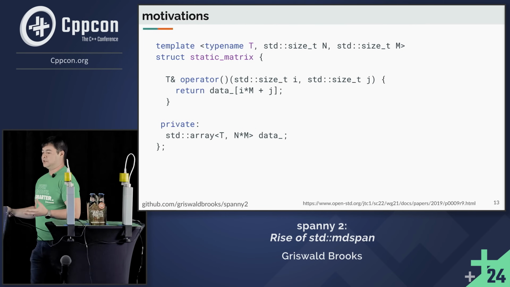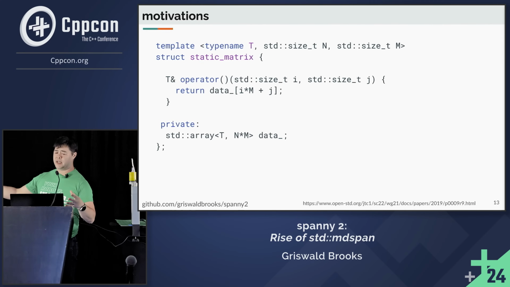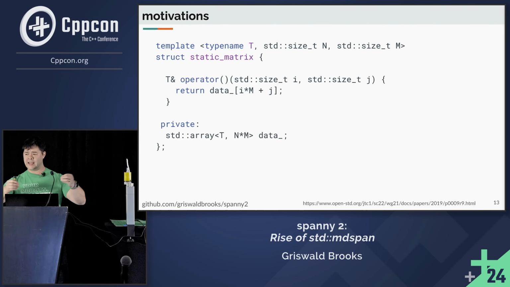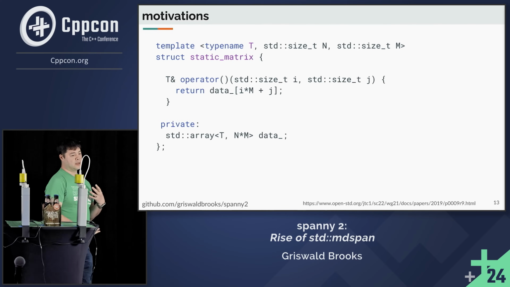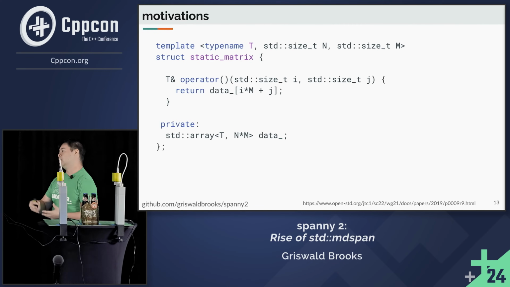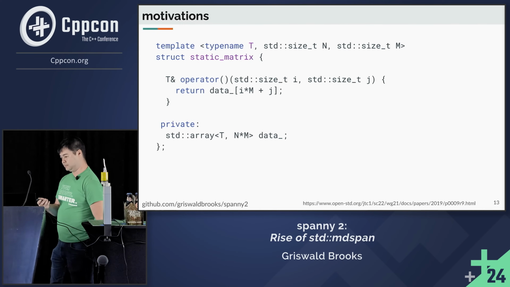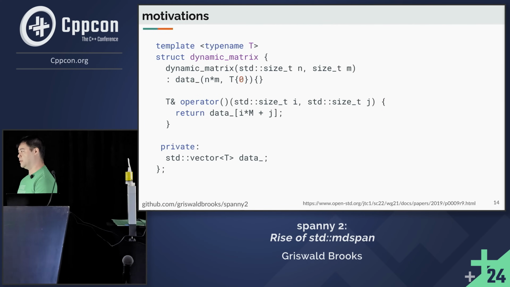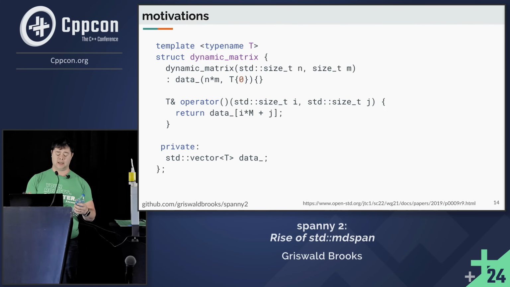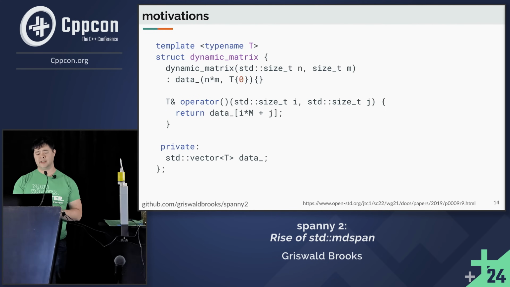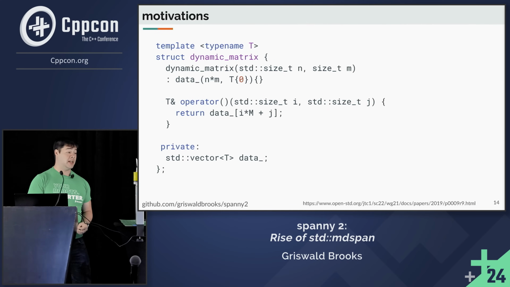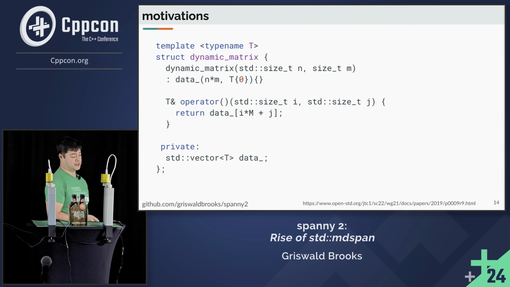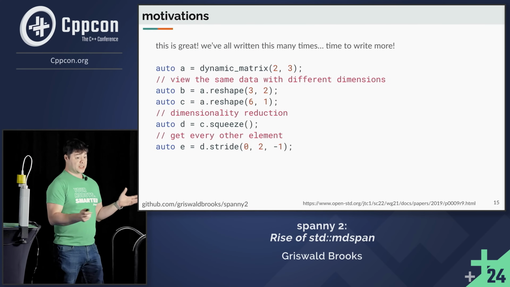So you might take a std::array with the dimensions of n by m and allocate that entire n by m array, and then through the call operator, map the indices to the right storage location. Obviously, you could do the same thing with vectors so that you have a dynamic allocation for the size and shape of your matrix. So that's great. We're done.